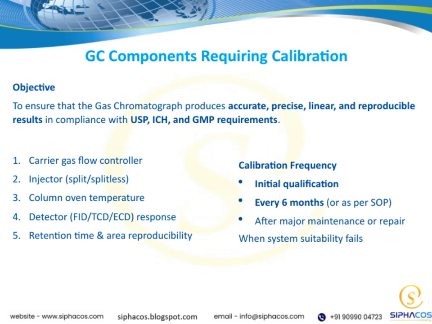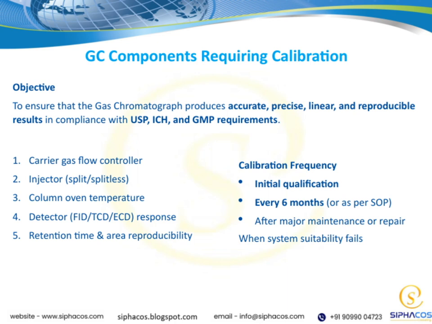The column oven temperature needs to be precisely controlled because it directly affects separation quality. Next, we have the detector, which could be FID, TCD, or ECD, and its response must be calibrated to ensure accurate detection of analytes.